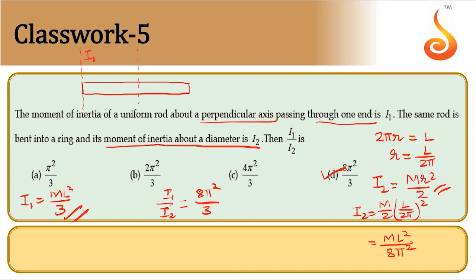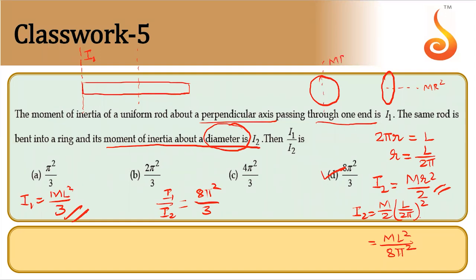It is mr square about an axis passing through its axis. But here they have asked about the diameter. So if this is the ring, about this axis it is mr square. So they're asking about this axis.